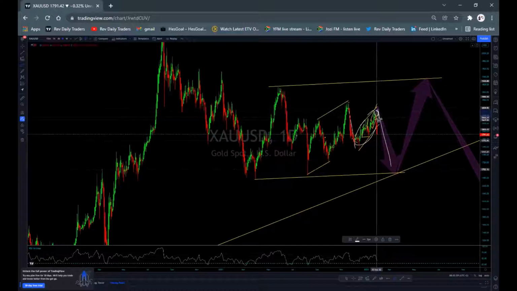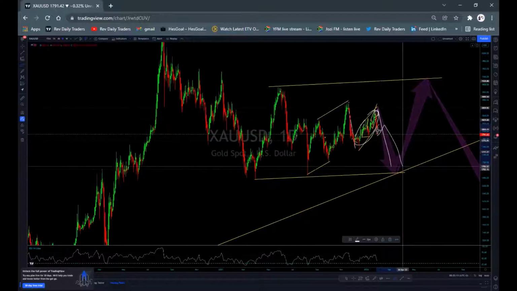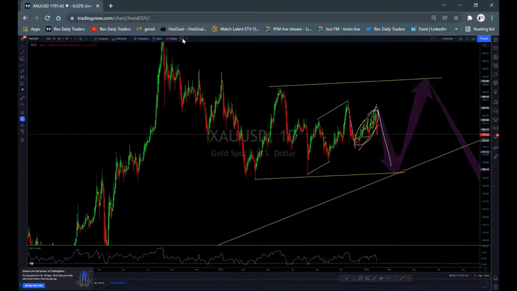So now what you'll do, if you are not in a trade, I'll show you on lower time frame. If you are not in a trade for a downside, we'll wait for a pullback here, then you can take the drop. Let's go to a lower time frame because we are still biased to downside.